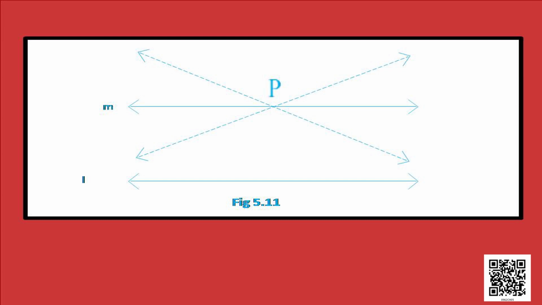All other lines passing through point P, the dotted lines, intersect line L, but only line M is parallel to L. Why? Because both lines L and M are equidistant from each other throughout.